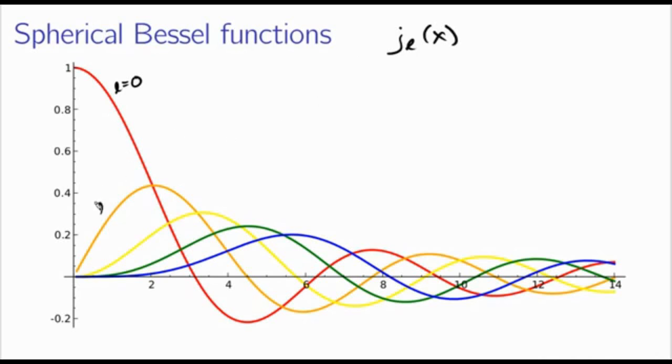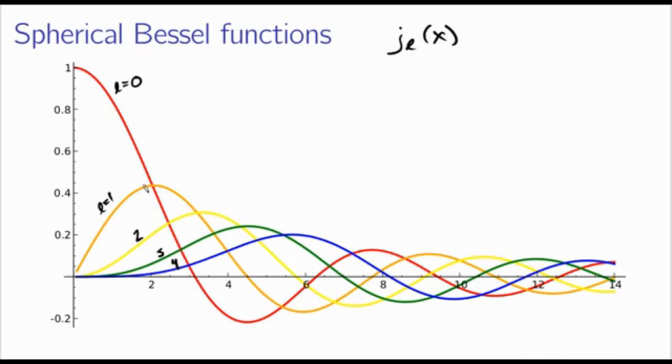So this is L equals 0, this is L equals 1, L equals 2, L equals 3, L equals 4, etc., as shown in blue. As L increases, this thing gets smooshed down near the center, which makes sense because as L increases, the centrifugal term becomes larger and larger, and the particle is therefore less and less likely to be found near the center, since doing so would require the particle to have more and more energy, essentially.